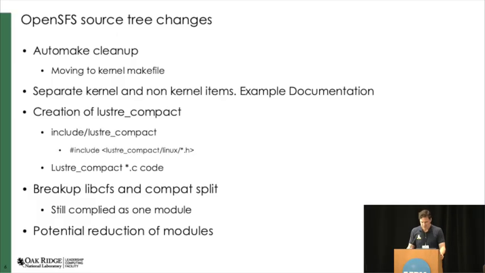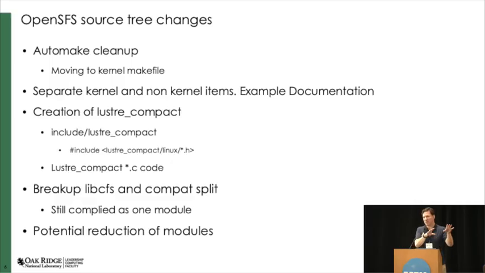Also, the other thing you're going to see is that we created a Lustre compat area. For a long time, we had Linux-misc and Linux-fs, all these strange libcfs headers.